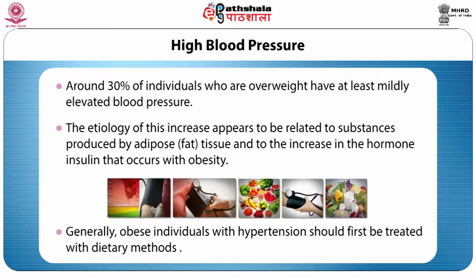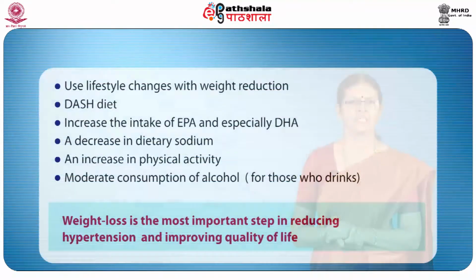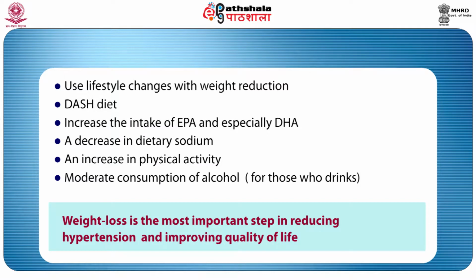Generally, obese individuals with hypertension should first be treated with dietary methods. Use lifestyle changes with weight reduction, maintaining BMI 18.5 to 24.5 kg per meter squared. DASH diet, that is eating fruits, vegetables and low fat dairy products with reduced content of saturated and total fat.